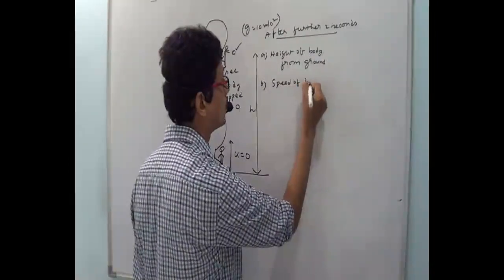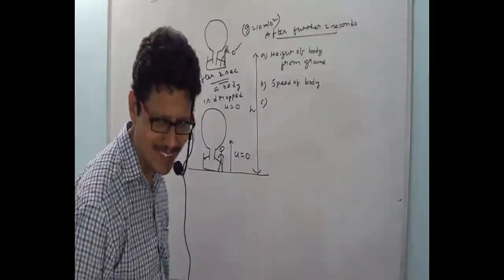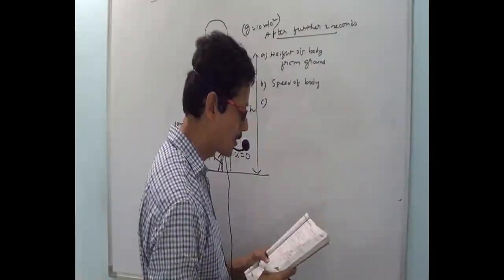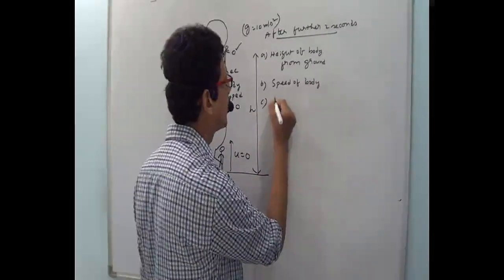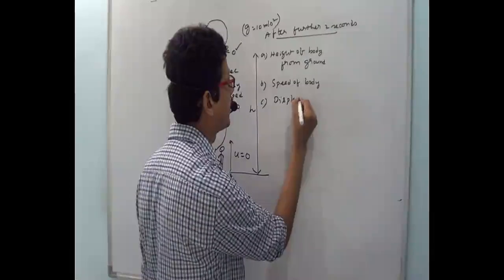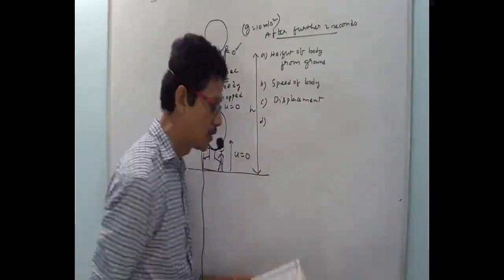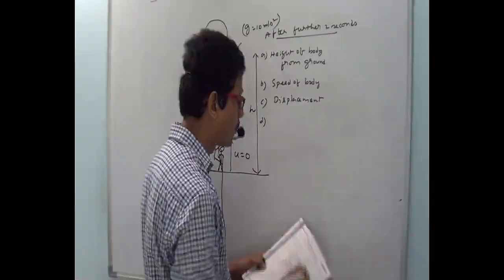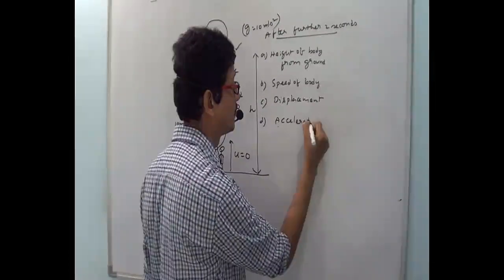The third is displacement of the body in 2 seconds after it drops from the balloon. And the fourth one is acceleration of the body. This last option is easy.